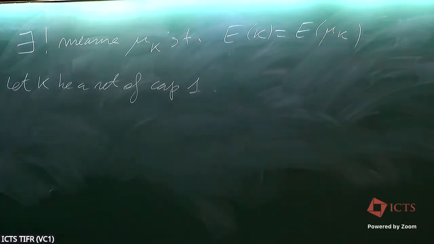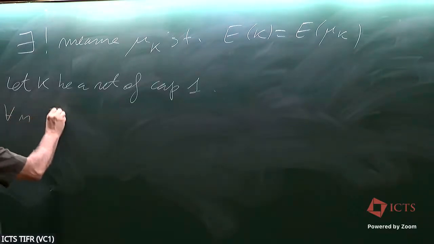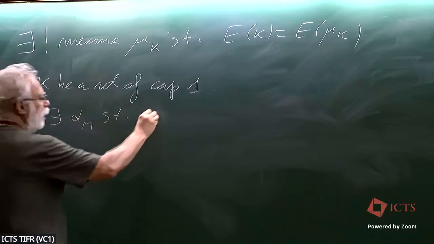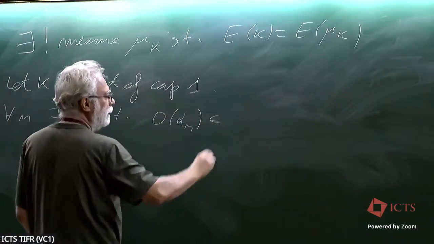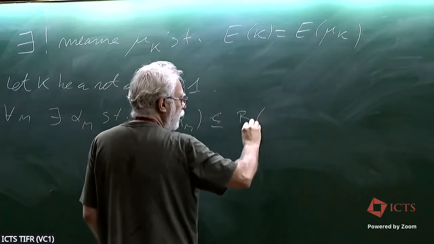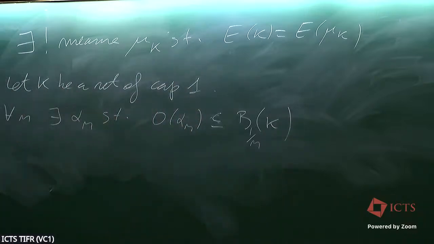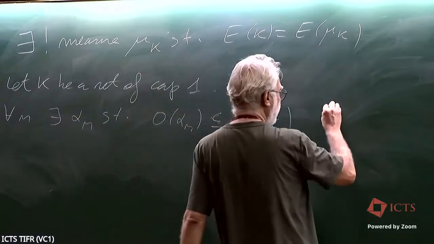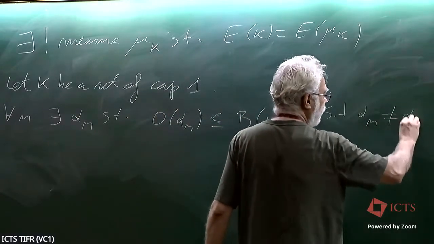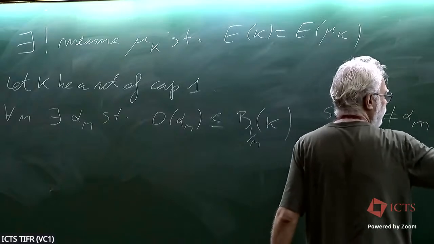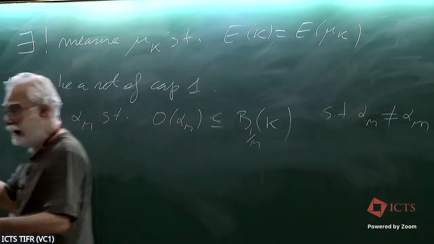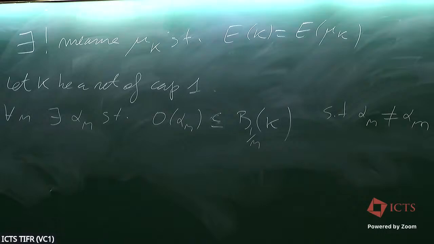Now, for every n, we can find an alpha n such that the orbit of alpha n is contained in the neighborhood of K of radius 1 over n. Because since there is an infinity, I can find a new one, and I can find this alpha n generic, such that alpha n is different from alpha m for every n different from m. So in each stage, I avoid the previous ones.